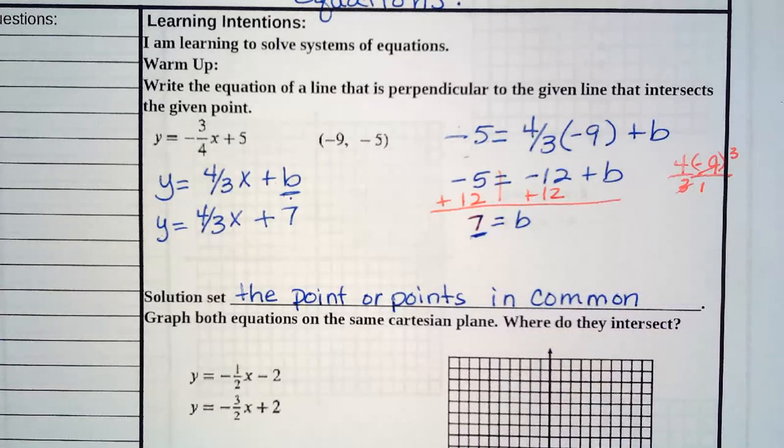And you know it's a set. So let's take a minute and think. We've got two lines. What can happen if we have two lines?